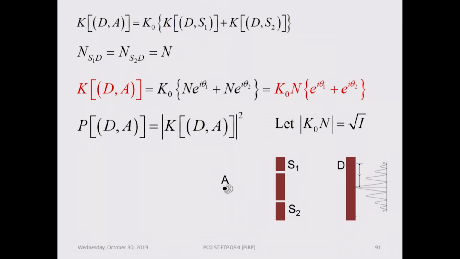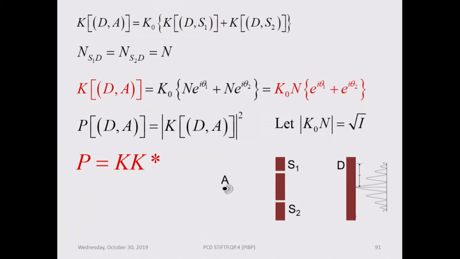So, you can factor out k0 n as a common factor, take its square, that will give you I, right, and then what you need is the modulus square, or which is k star. What is k? K has got this k0 n, and then you have this e to the i theta 1 plus e to the i theta 2.